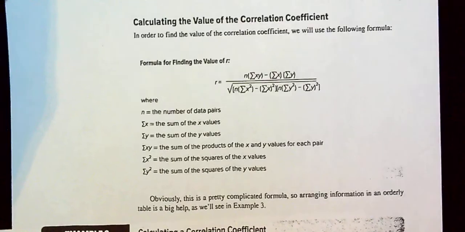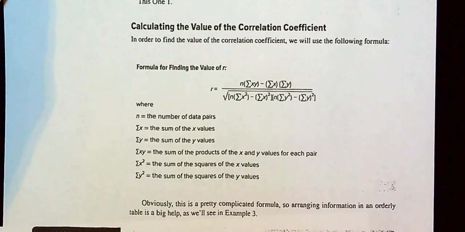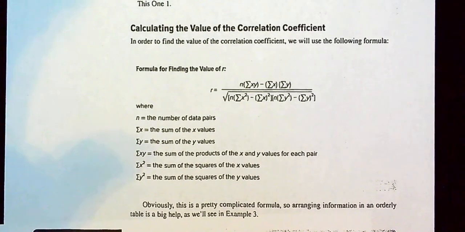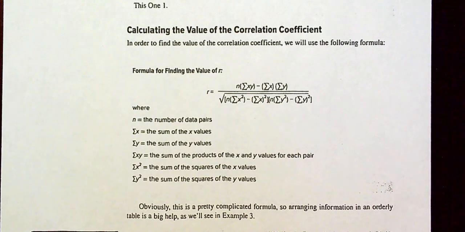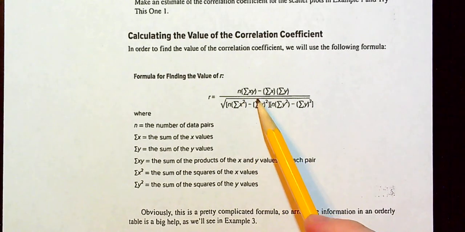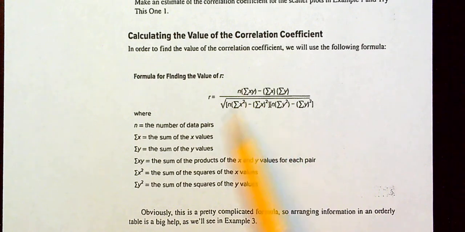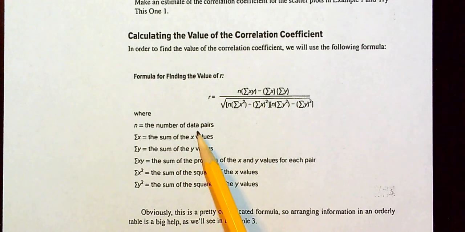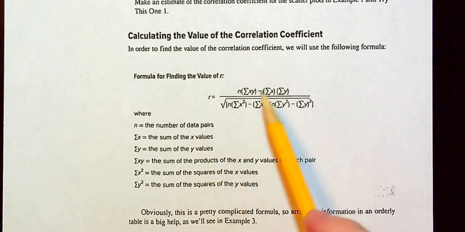If we have to calculate the correlation coefficient for a set of data, it's given by this formula right here. r is equal to, let's get into what all these symbols are. n is the number of data points or data pairs that you have.